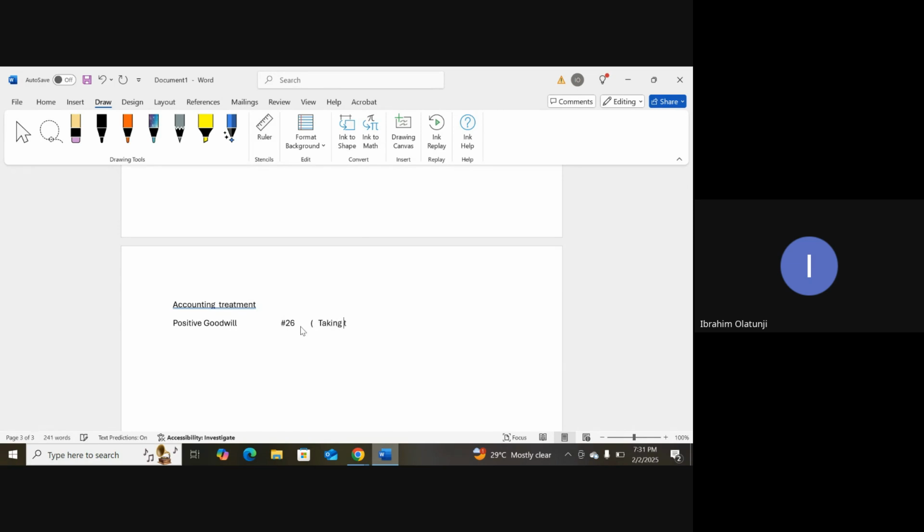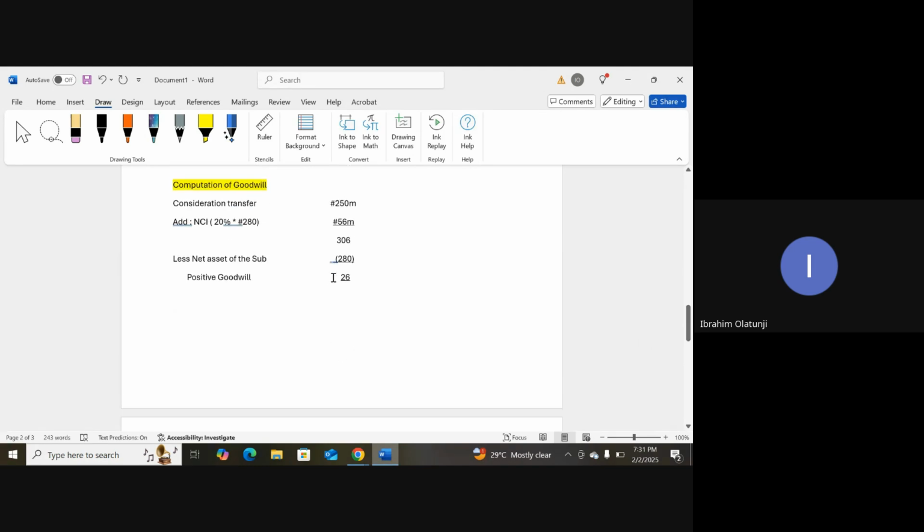Is it clear? We are hearing you, sir. But let's assume it is a negative goodwill. You will not take it to the statement of financial position. You will take it to consolidated retained earnings. Let's assume that goodwill is negative.